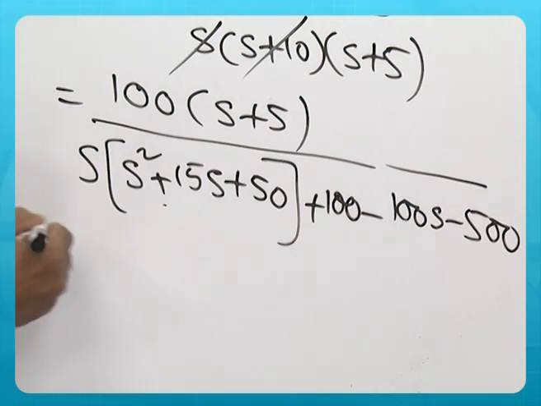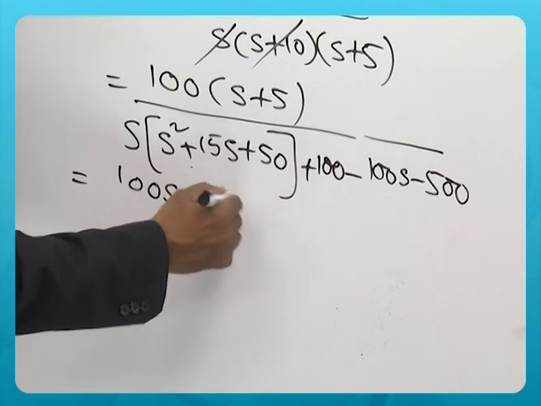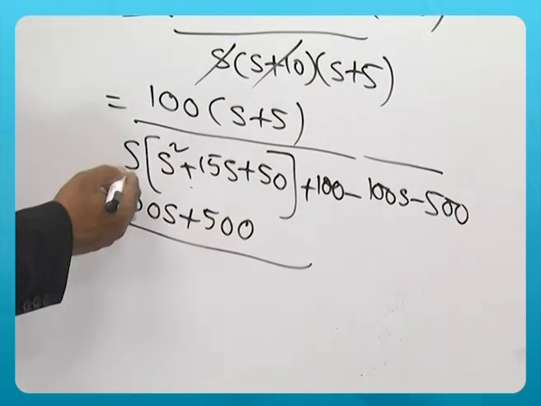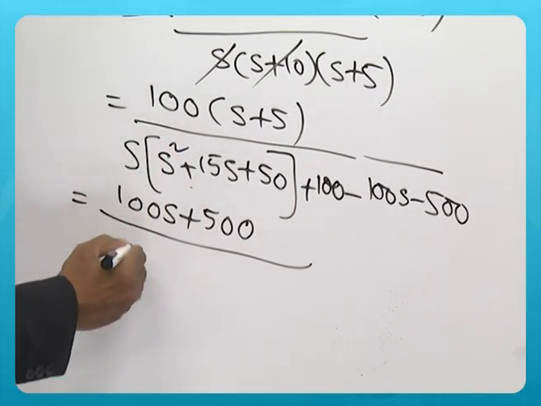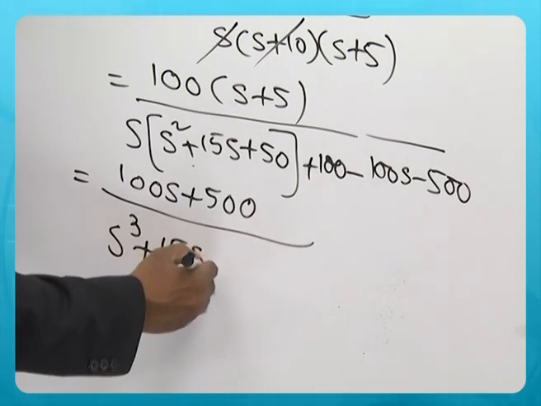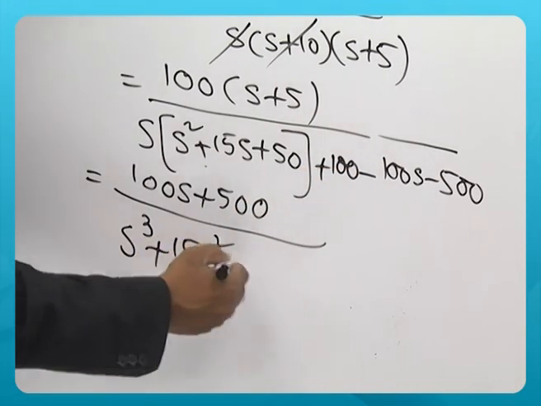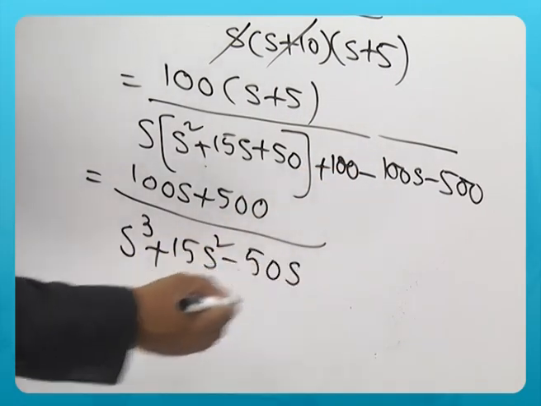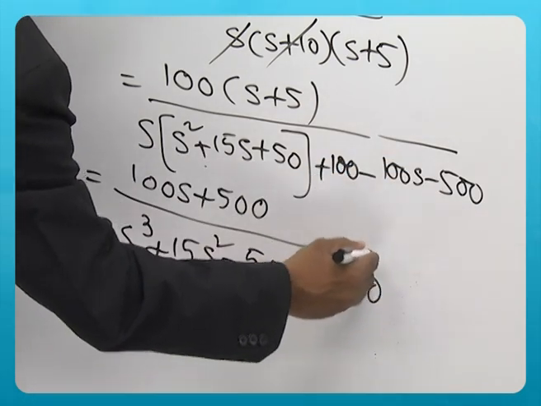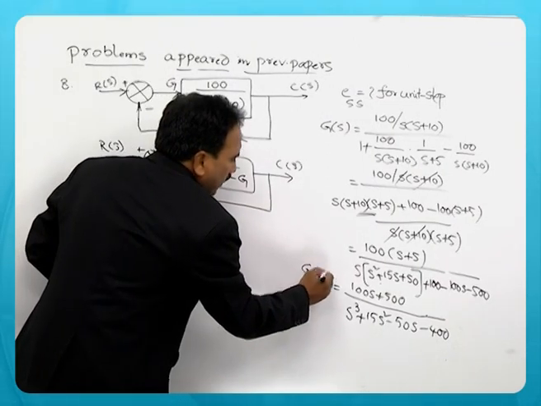Further simplification, 100s plus 500 in the numerator, and in the denominator you have s cube, then plus 15s square, then you have 50s here and 100s with minus sign, so minus 50s, then plus 100 minus 500, so minus 400 you get. So this is the G of s you get.